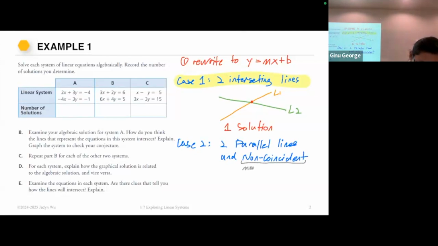This can mean the same line, or one lying on the other. So by non-coincident, it means that they are not the same line. Sorry for that. And by coincident, it means the same. So in this case, it will be 2 parallel lines, line 2 parallel to line 1.